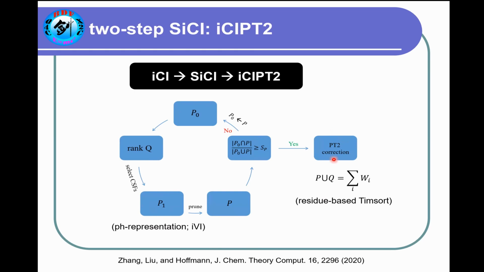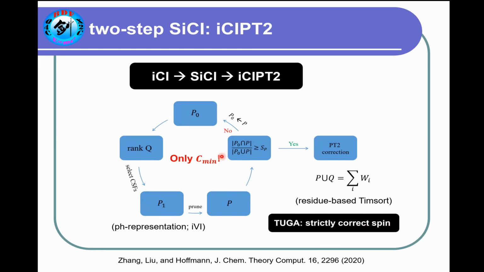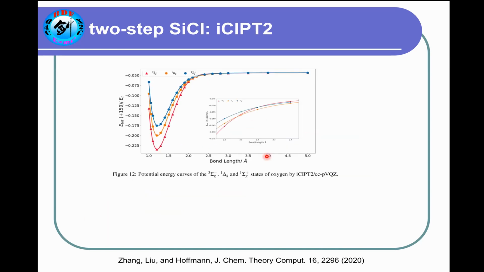For the PT2 correction, we follow Head-Gordon's idea to split the Q functions into disjoint subsets so that you can do parallel computations. No matter how you truncate the selection, the wave function strictly has the correct spin because we work with configuration functions. Overall, we have only a single parameter, C min, to determine the accuracy.